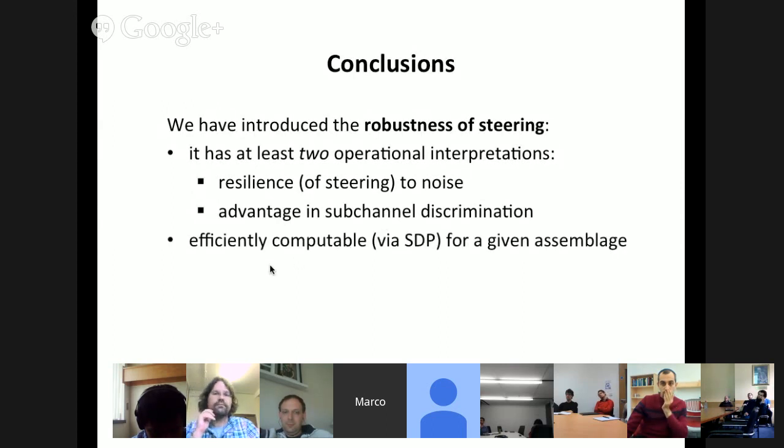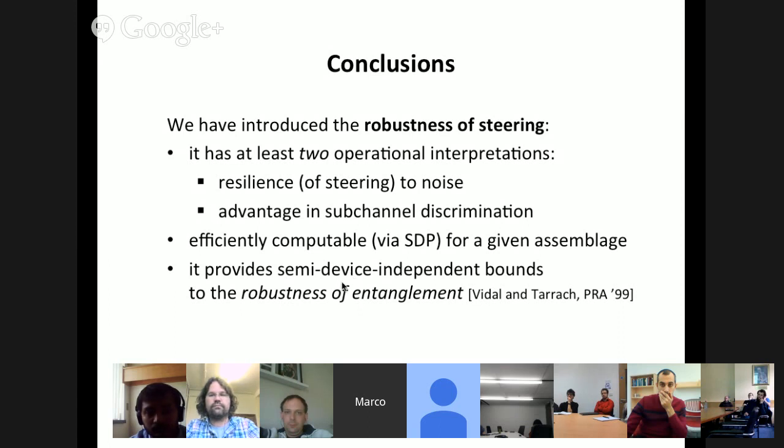As a second point, it's efficiently computable because semi-definite programming is efficient, at least numerically, for a given assemblage. Suppose you have this entangled state in your lab and you perform measurements to prove that it's a steerable state. If you perform tomography, you will end up with an assemblage, and given the description of that assemblage, this robustness of steering can be computed quite easily.